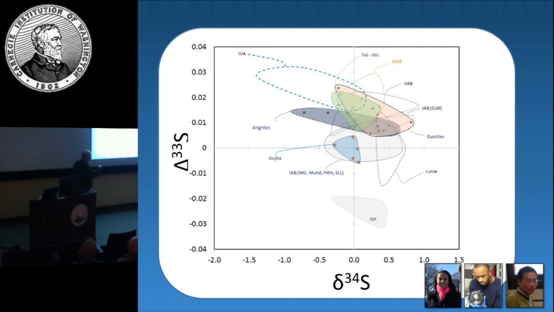Gujba, basically all of the samples, including the fines, the metal associated, silicate associated, all plot within plus or minus 0.005 per mil of CDT. So we didn't see anything there. We'll go back, we'll look at Bencubbin, we'll look at Weatherford. These are unusual, strange meteorites. It was the fine fractions where they saw something in the Ryan Phelan study. The angrites as well, they define a range of delta 34S.